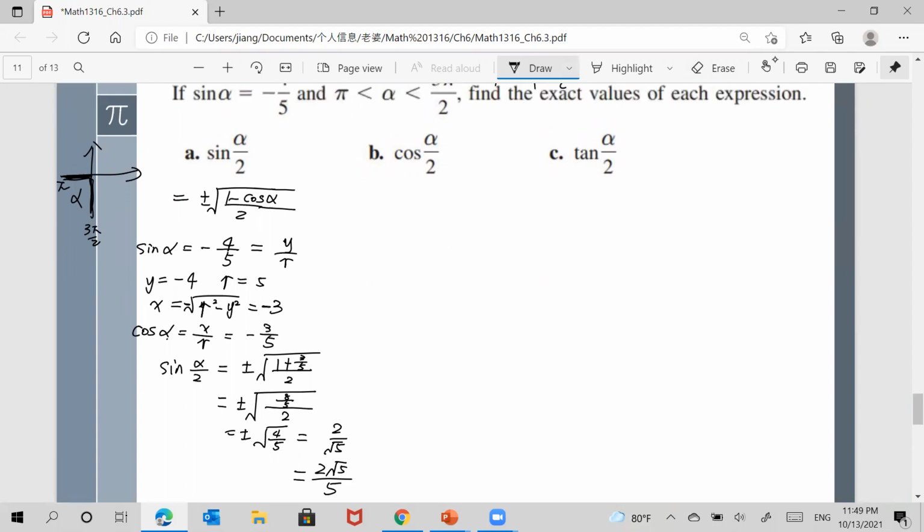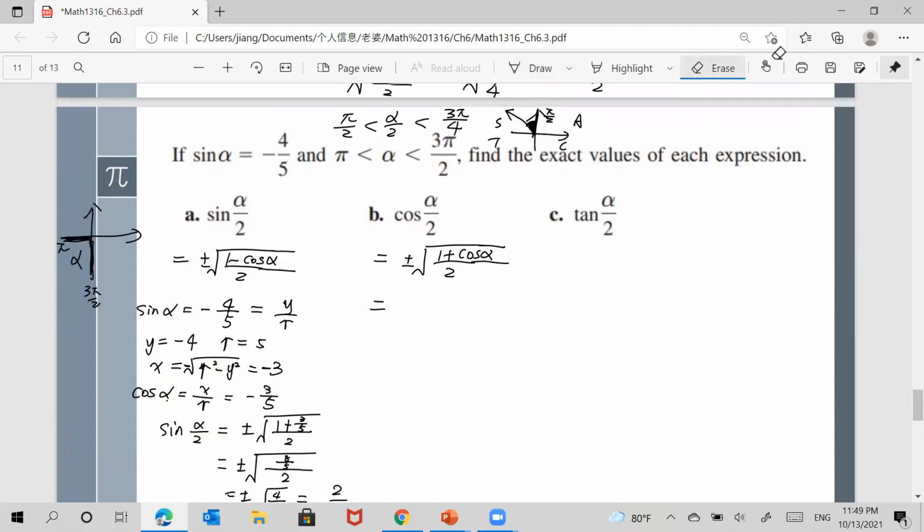So this one, we can also use the expression like this. And this one equals plus or minus square root of 1 plus cosine alpha, because here is alpha over 2, here's alpha. And plug in the cosine alpha. Okay, before we continue, is it positive or negative for cosine alpha over 2?